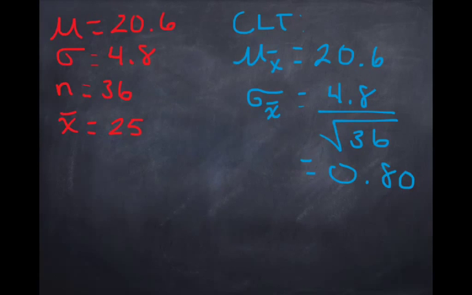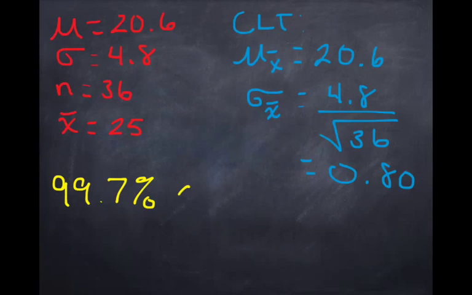And so you could find the 68, 95, but really the only thing you need to find is the 99.7%. You find that, and that's going to tell you if their mean score is unusually high, or it's just right there with the rest of the other mean scores. And so let's find the 99.7% range.